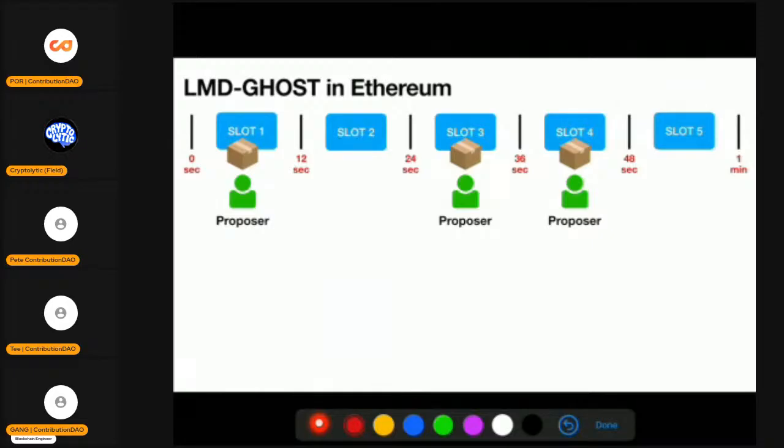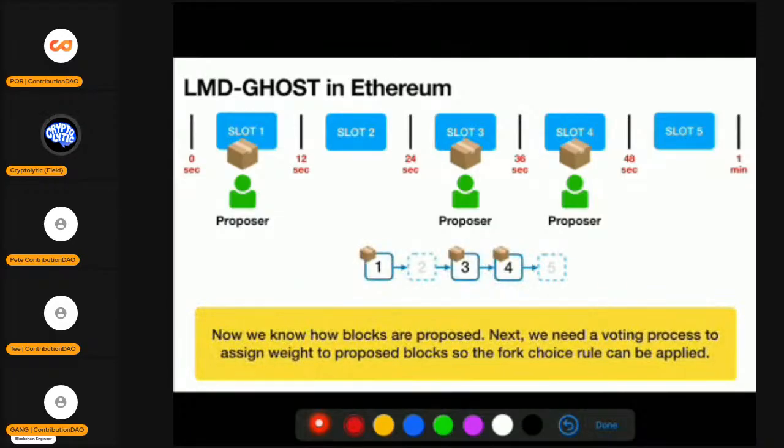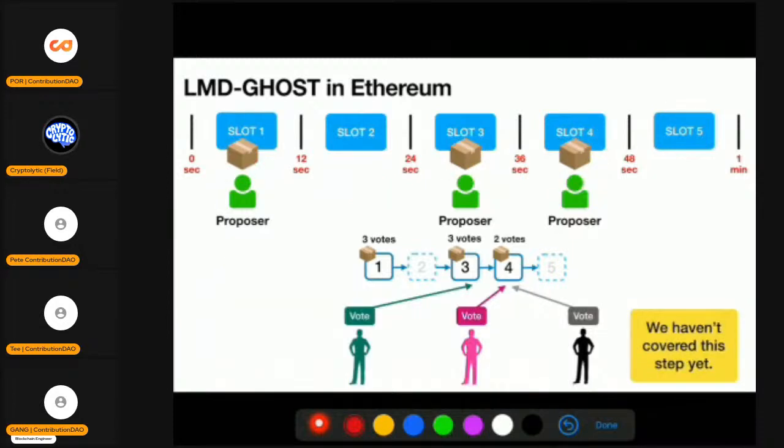Okay, and I think it's quite obvious, so we are going to the voting process. Now we have a proposer proposing a block in its slot, and a slot can be empty. So how does a validator in the Ethereum protocol vote and calculate weight for a block?